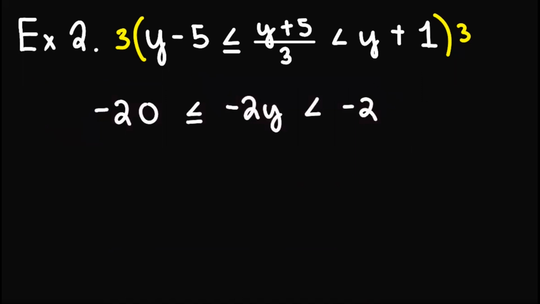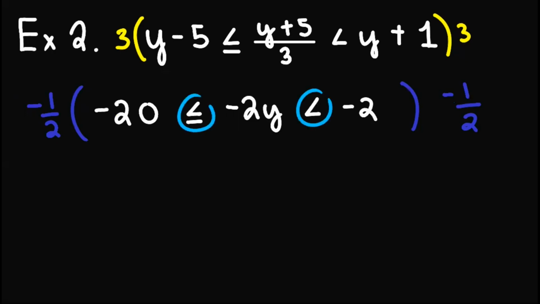Now, what's left is to multiply negative 1/2 to both sides so that we can remove this negative 2 out here. And take note that we are multiplying by a negative value. If you recall in the previous part of this video, when we multiply by a negative, we reverse these signs.